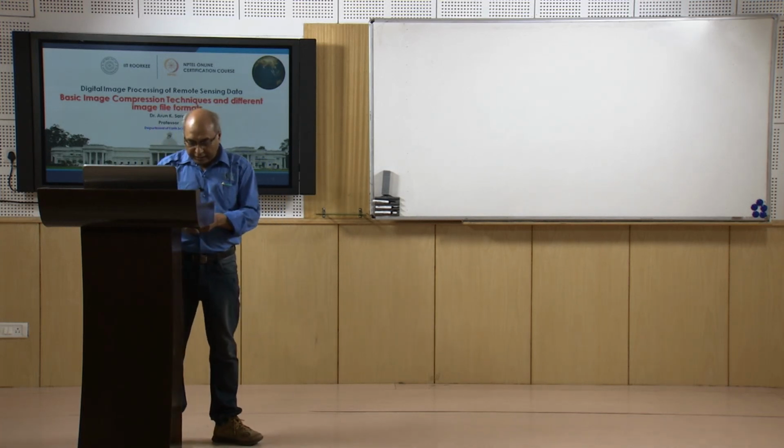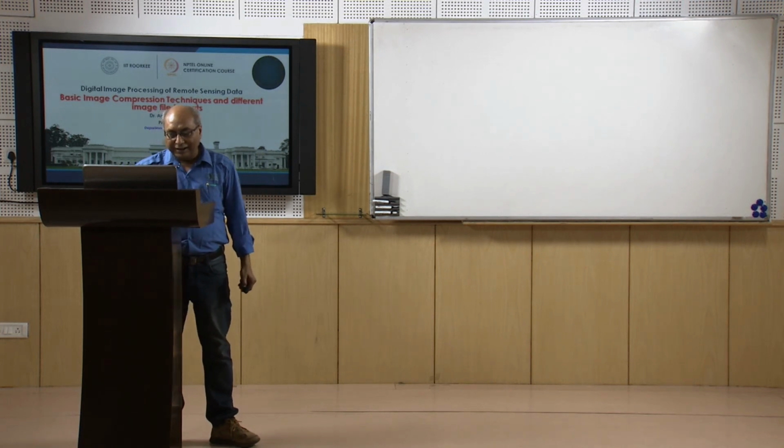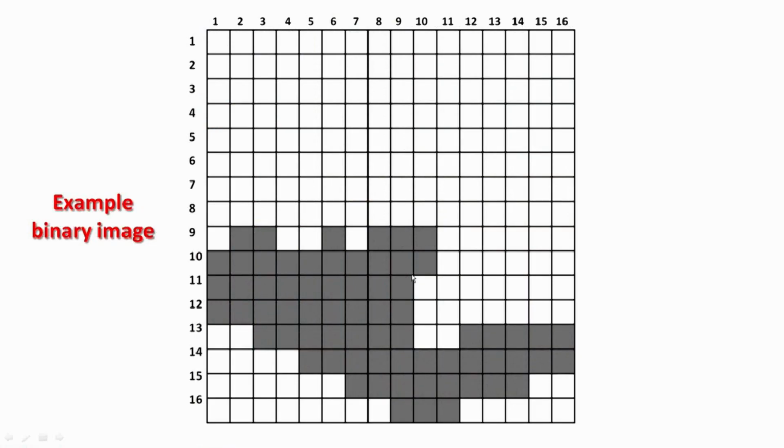Only for our understanding, these lines are shown here, but in the true image there are no lines, only pixel values or digital numbers in a two-dimensional matrix. So this is a binary image. That means we have a shaded area, and the rest is just white area. So there are only 0 and 1 values. That is why it's a binary image.